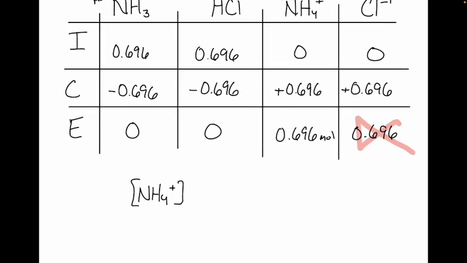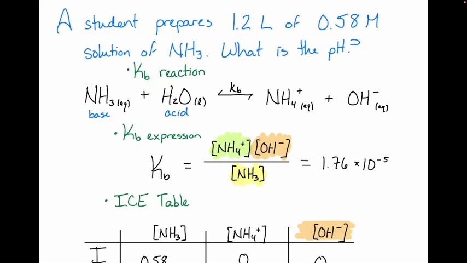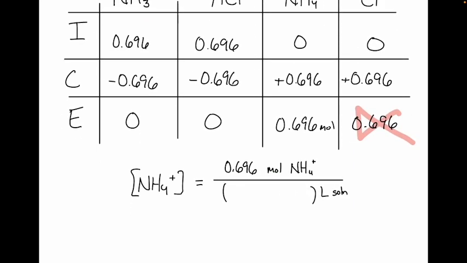All right, so importantly, my ICE table gave me my numerator, my moles of ammonium. But I still have to divide this by my volume of my solution. My initial volume was that 1.2 liters. That's how much I started out with in my flask. But I've started my titration. I've changed that volume, right?